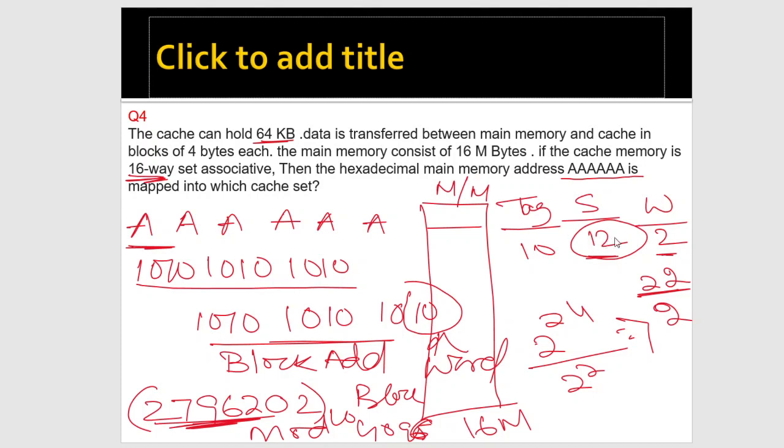Once I get the remainder, that mod value will give me the particular blocks in the cache memory. So these are the different numericals and the different mechanisms we have discussed for memory mapping.